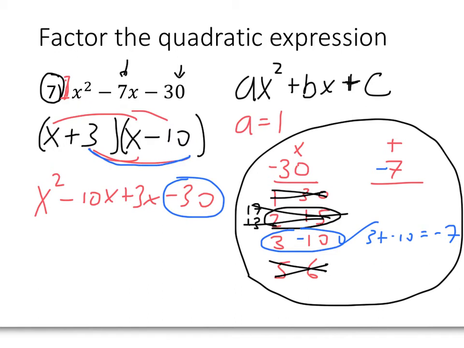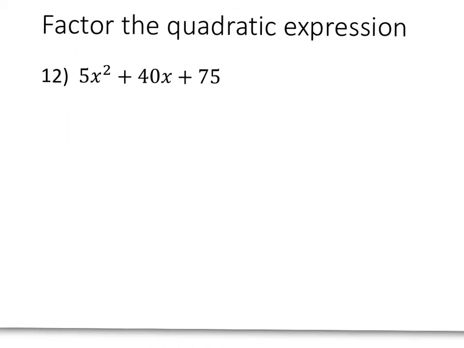That's why we ask what multiplies to give me negative 30. And the middle two terms are combined, they're being added together, and that's why we ask ourselves what adds to give me negative 7. If you go through this process when a is 1, it's going to help you zero in on the two binomials that result as factors of the original expression.